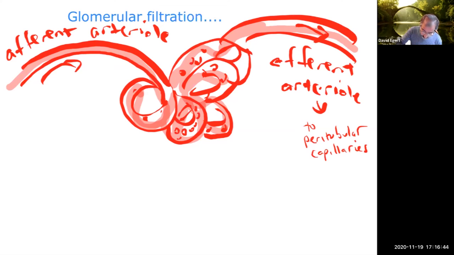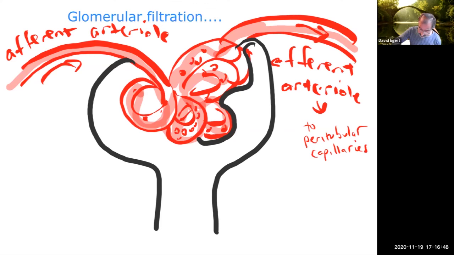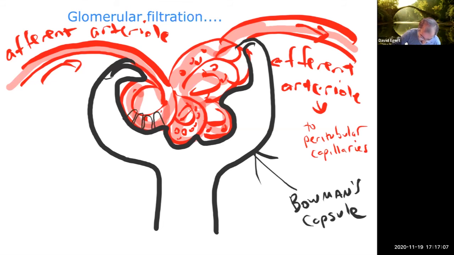And again, like I said, the tubule kind of starts here, it's like a baseball mitt grabbing a ball. We call this the Bowman's capsule. The cells of the Bowman's capsule actually grab around the capillaries to help create what we call a filtration membrane.